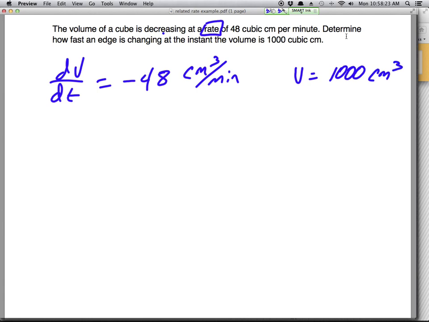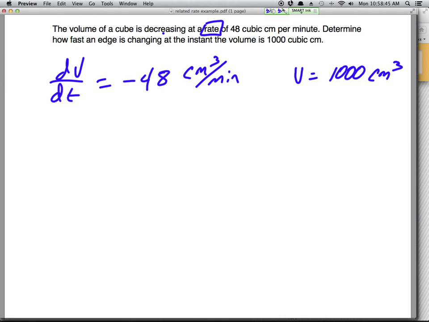Now, what is it they want me to find? The rate of change of an edge, because it says how fast is the edge changing. When they want to know if something's changing, they want to know the rate of it.